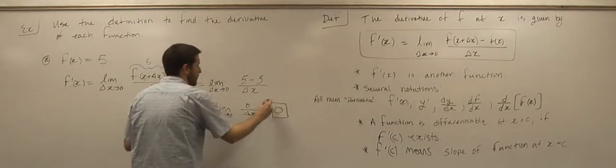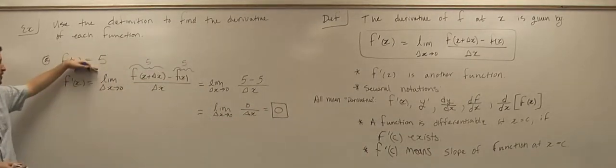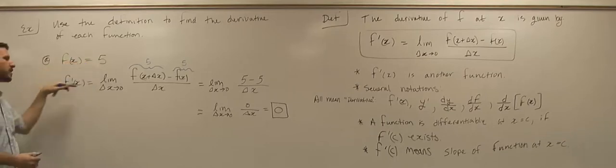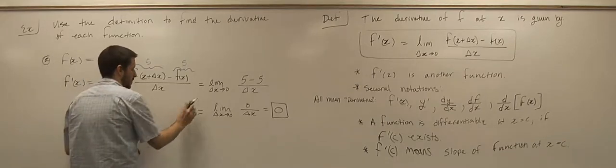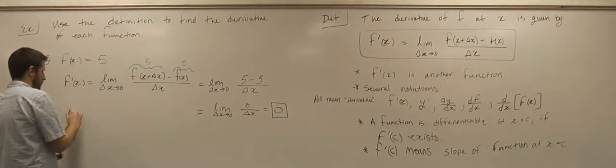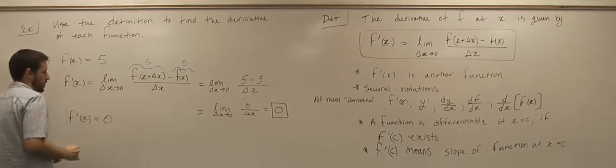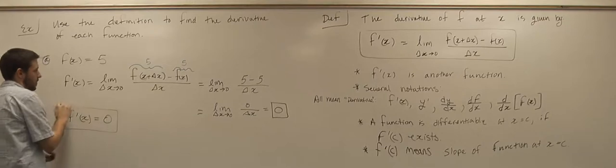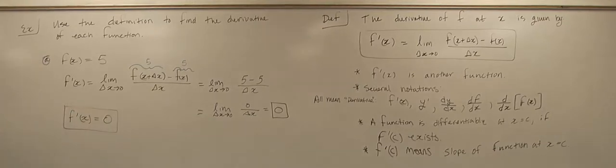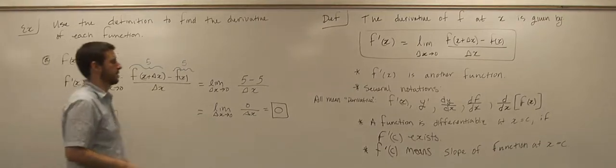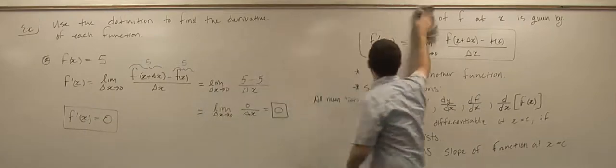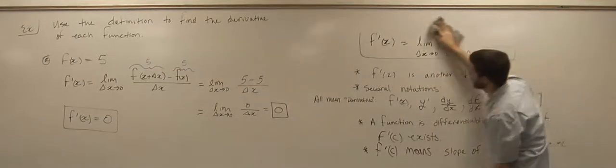So our intuition as far as slope goes told us the derivative should be 0. Our calculation agrees. f prime of x is equal to 0. Easy enough?